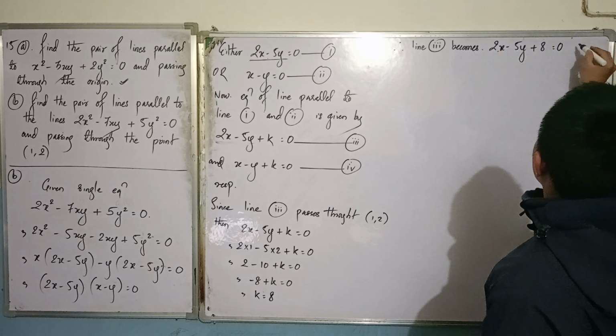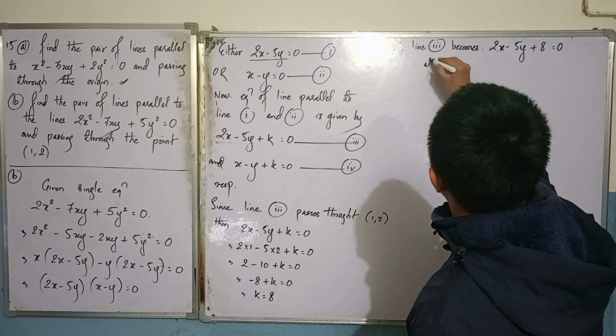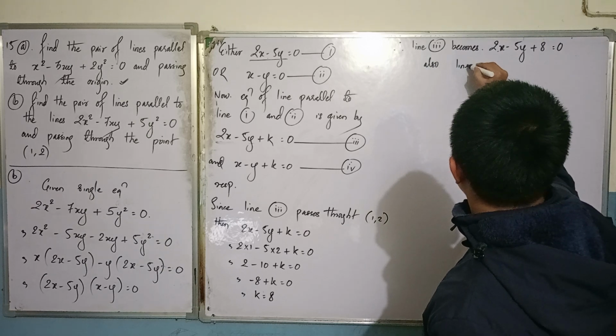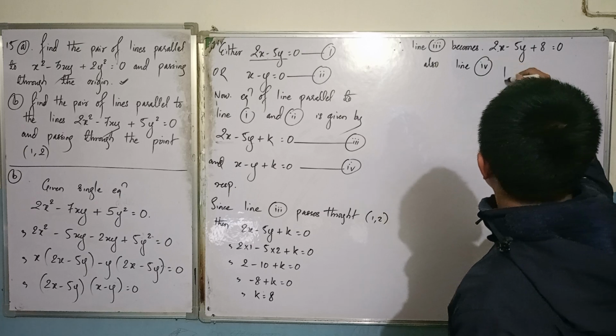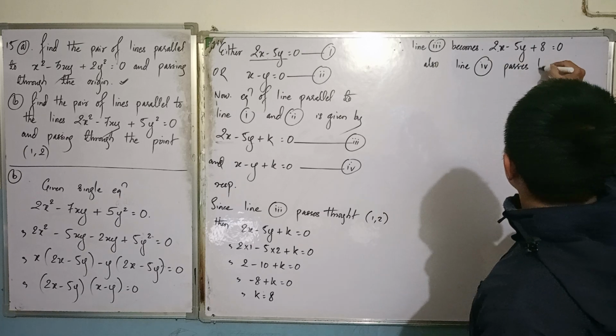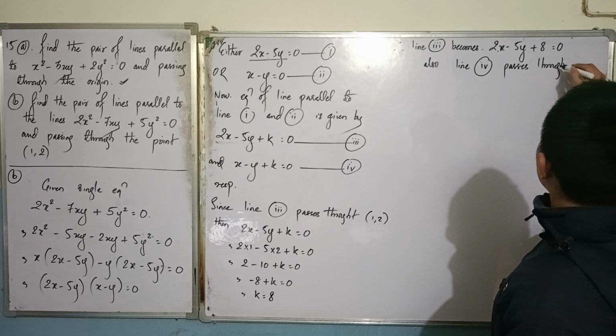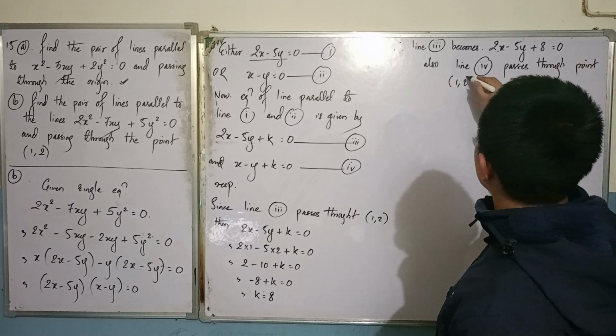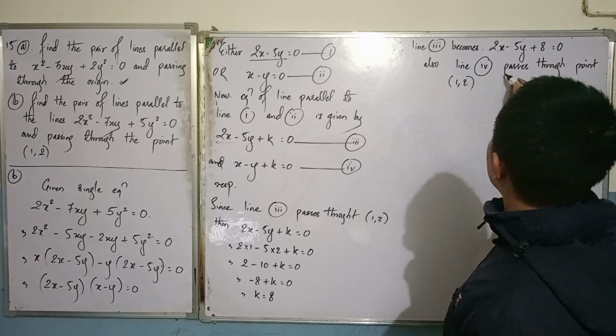Okay, and also line IV passes through the point (1, 2). Line IV also passes through the point (1, 2).